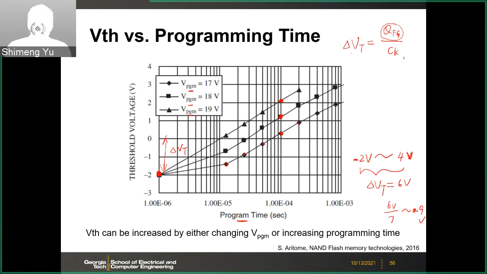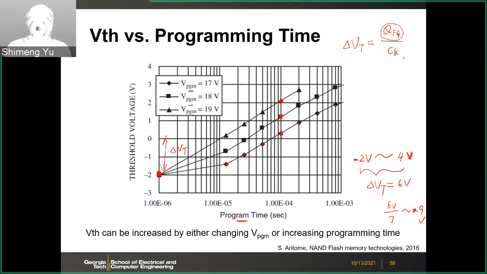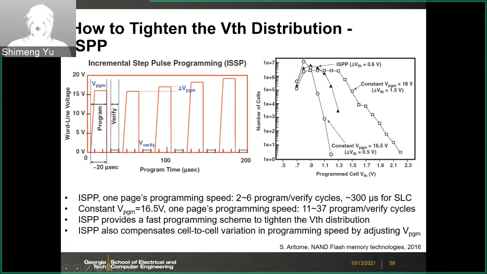But of course, we need to consider the distribution. Let's say the mean value, you have close to 1 volt per level, the distance between the mean value of each level. But we have to consider the distribution. It's not just the mean value. There will be variations across the transistors, and also during programming there will be inaccurate programming because you cannot control the electrons very accurately, right?